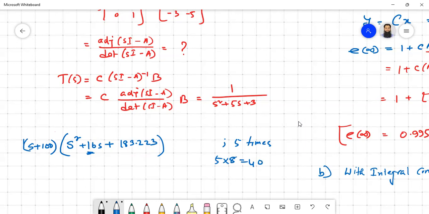Now you multiply and figure out the characteristic equation, that is s cube plus 116 s square plus 1783.1 s plus 18310. This is our desired characteristic equation.